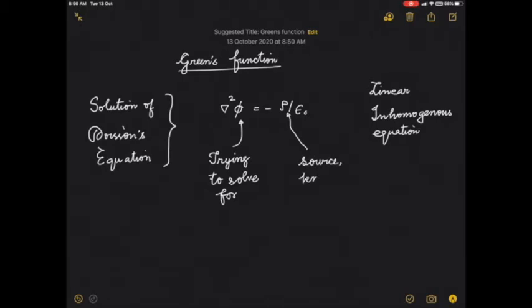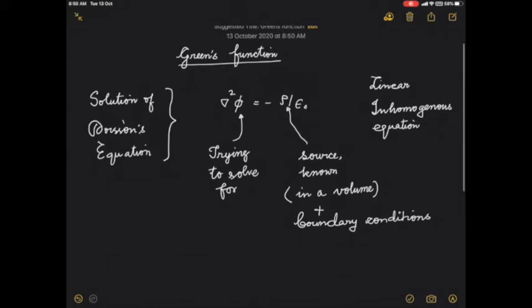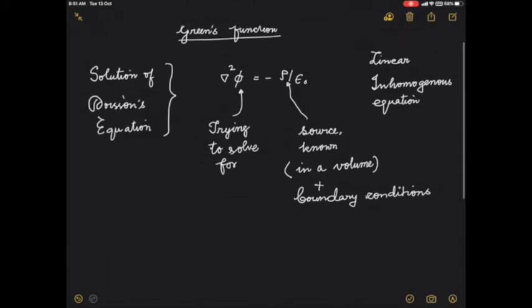And this is the source which is known. Where is it known? In a volume. What else? Boundary conditions. That is also known. Now, this is the question that we are asking.